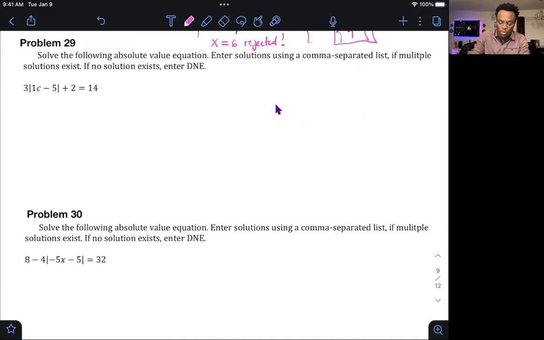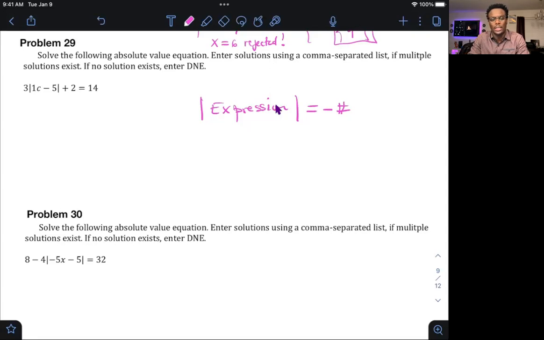Because if you have an equation like this, absolute value of expression, whatever the expression is, if it equals a negative number, well, you don't have to do anything more.